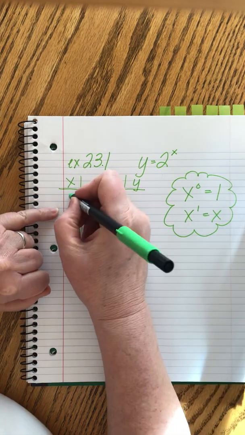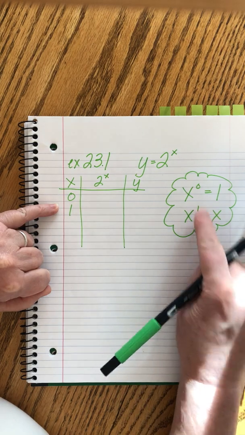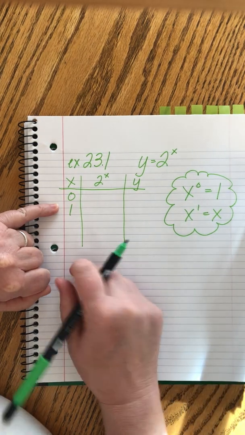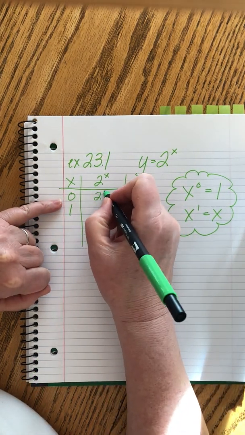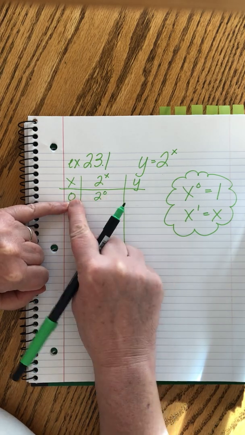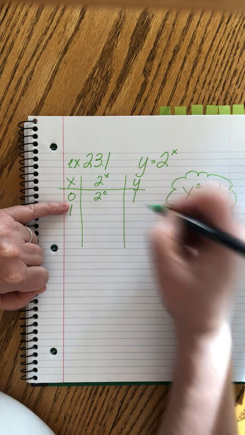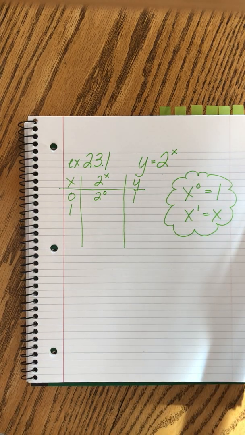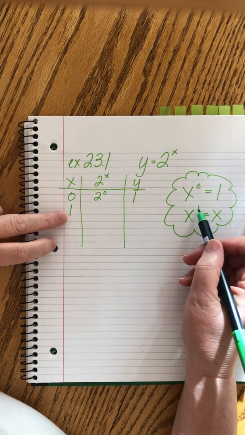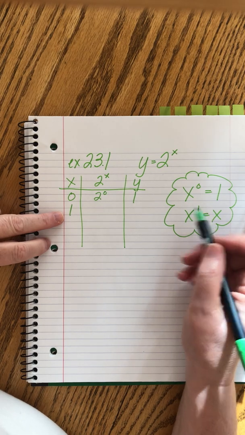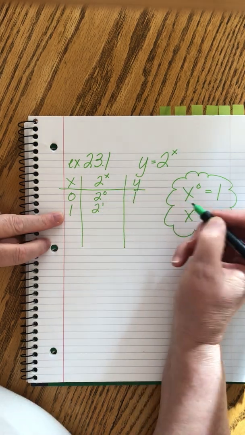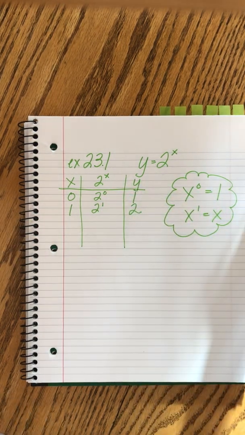Let's let x equal 0 and 1 first, because it's kind of like those two, right? So this would be 2 to the 0 power, right? Because the x value goes up in the exponent. 2 to the 0 power, well, that's going to be equal to 1. Oh, that's pretty easy. 2 to the first power, that would be 2. Look at that, we've already got 2 values really fast.